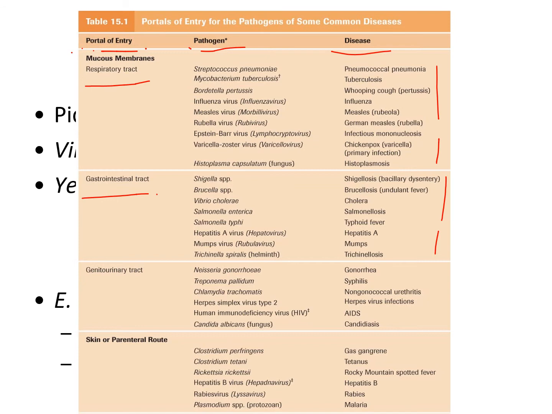And these diseases are all caused by ingesting the microbe. And of course, the urogenital tract, those would be the STDs. And then the skin and parenteral route are less common than the mucous membranes. And so all of these are entered that way, either on the skin or by injection, parenteral route.